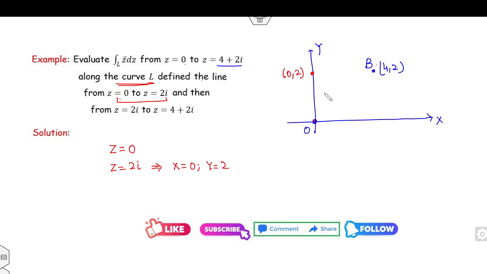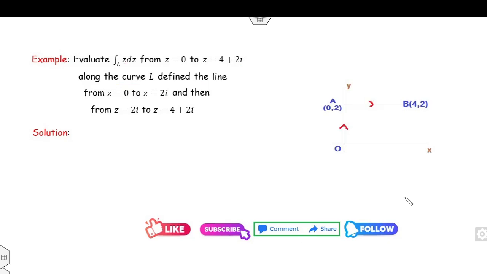That means your first target is to move from O to A, and then Z is equal to iota. That means at the point A, Z is equal to 4 plus iota. So your target is to evaluate this curve from O to A and then from A to B. Fine. This is your target.